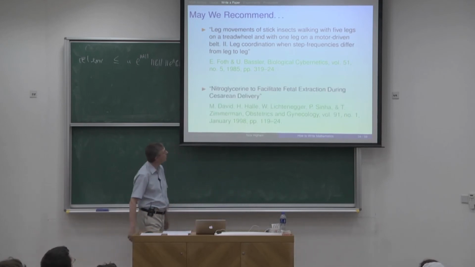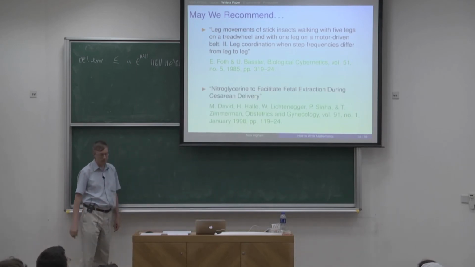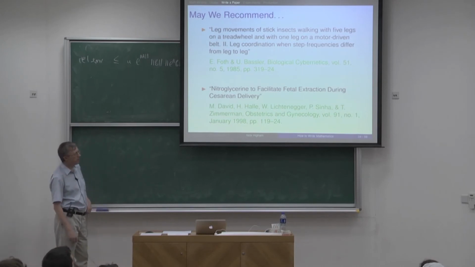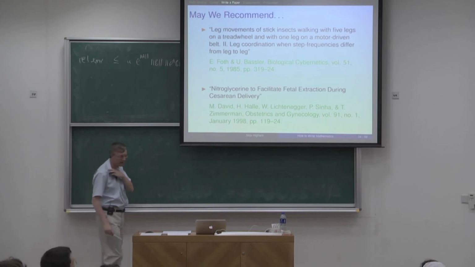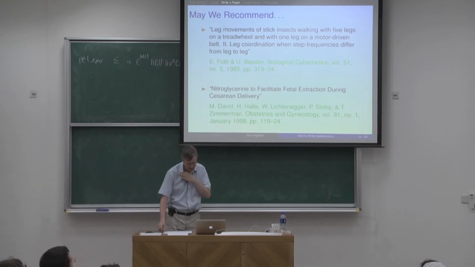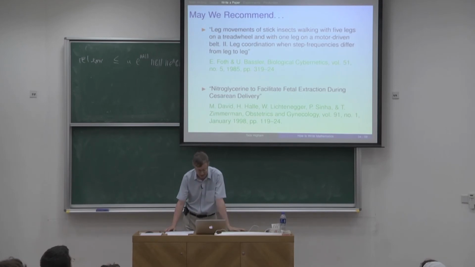Or this one. I don't know whether this was an option for Princess Catherine, but nitroglycerine. So there are some really weird titles, and it's quite fun to search these out, actually.